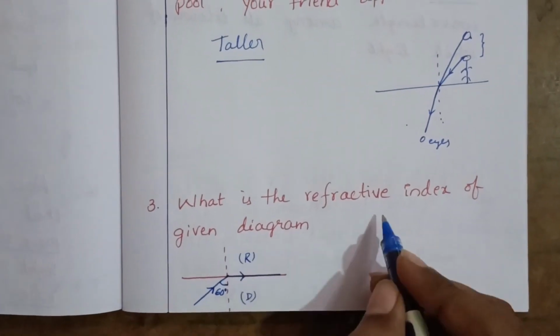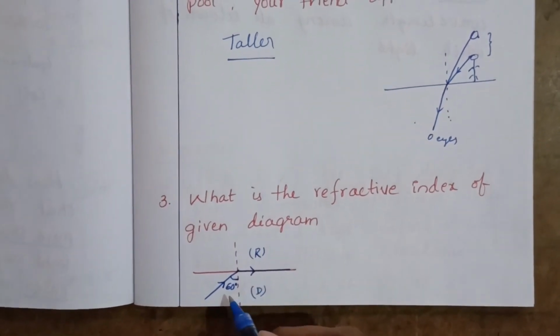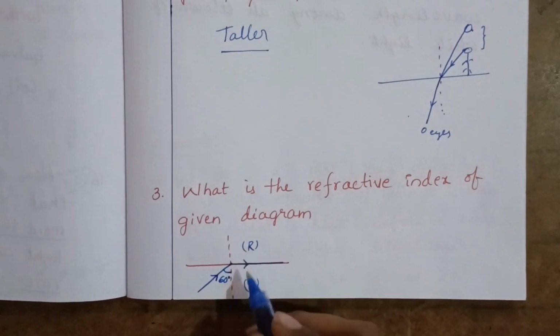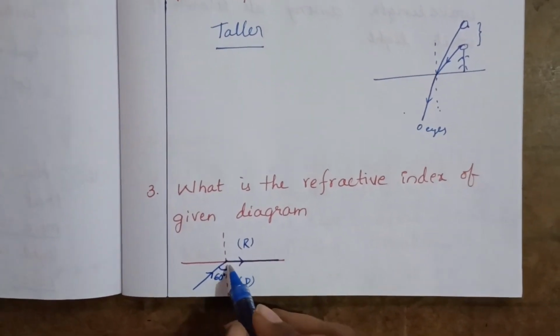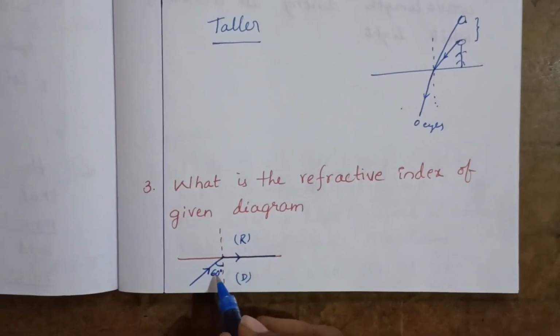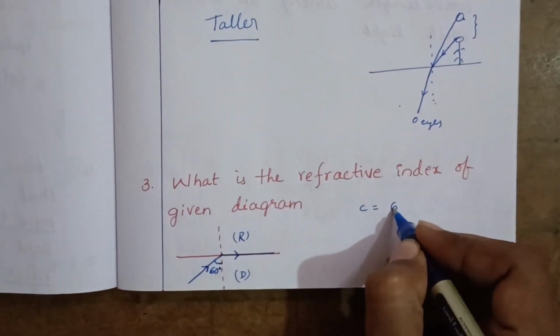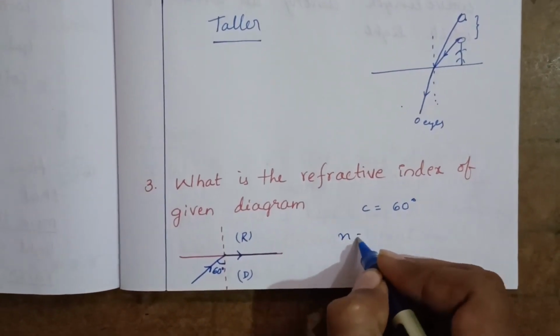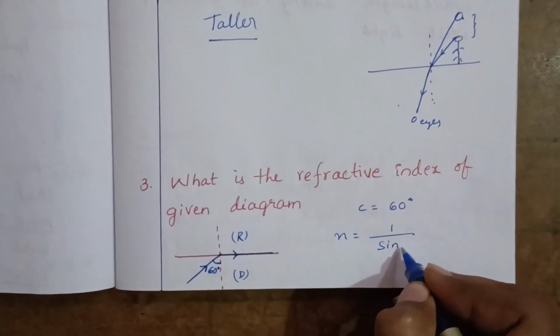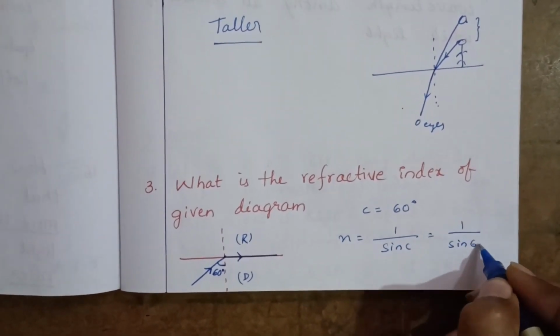Next question, what is the refractive index of the given diagram? Here the light ray is traveling from denser to rarer. After entering into rarer, at the interface it is grazing, so this angle we can say is the critical angle. C equal to 60 degrees. Refractive index equal to 1 by sine C, so 1 by sine 60.